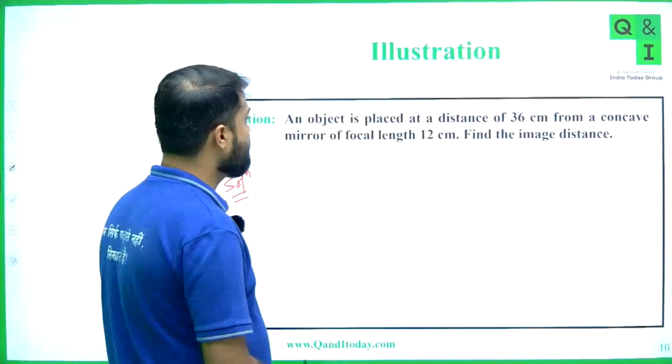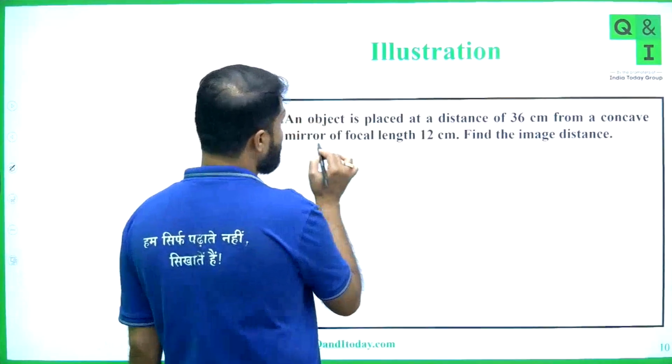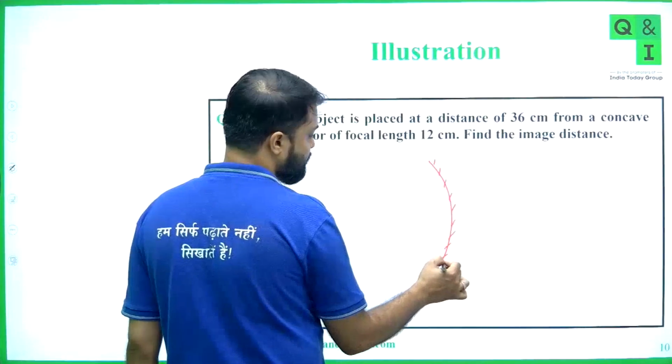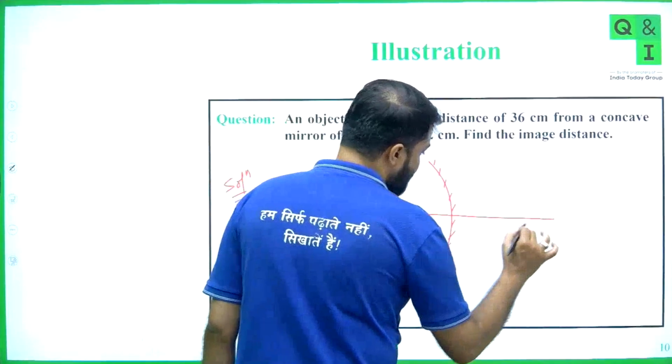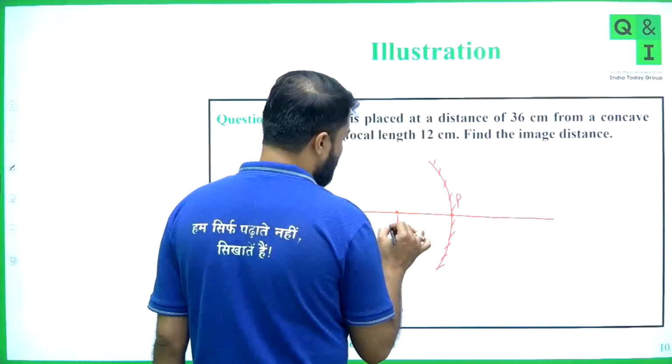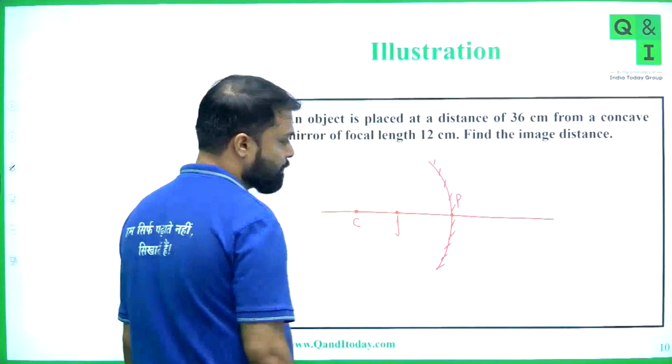Okay, so given is a concave mirror. Let's say this is the concave mirror. This is our principal axis. This is the pole. Let's say this is focus and this is center of curvature.